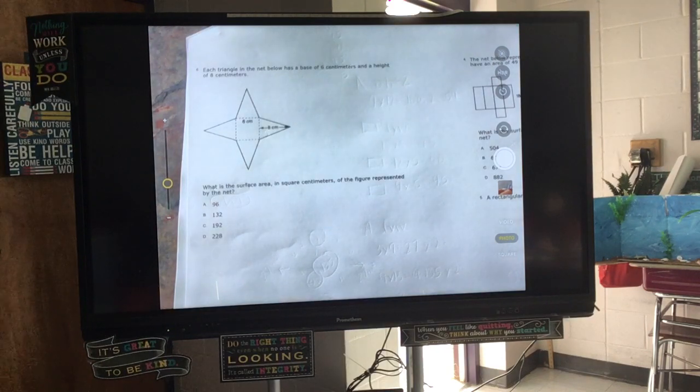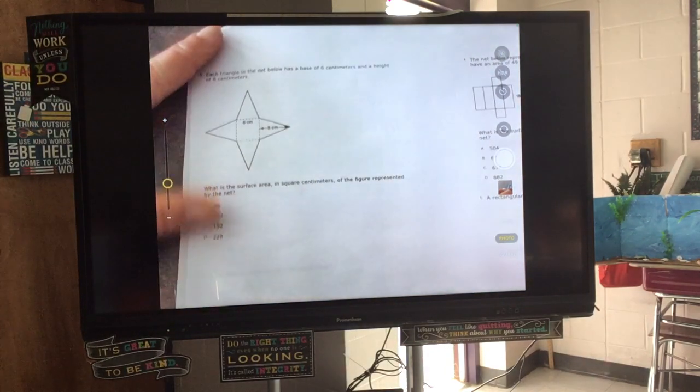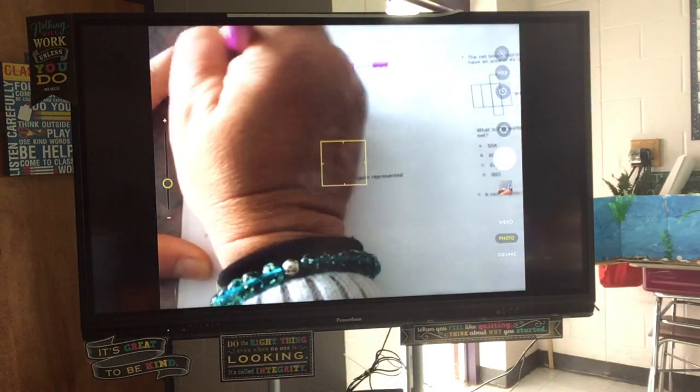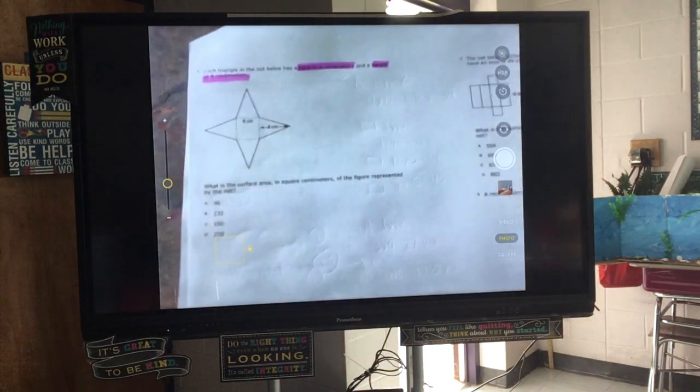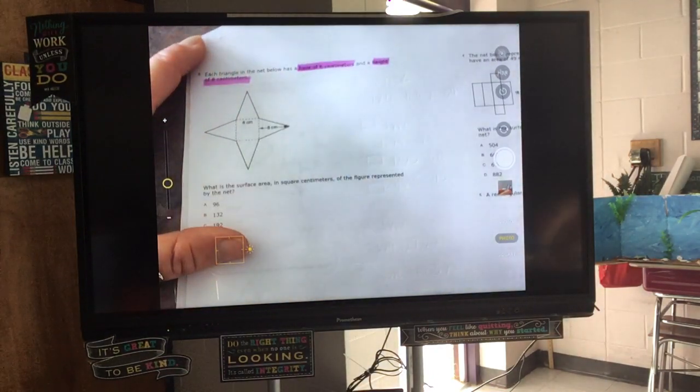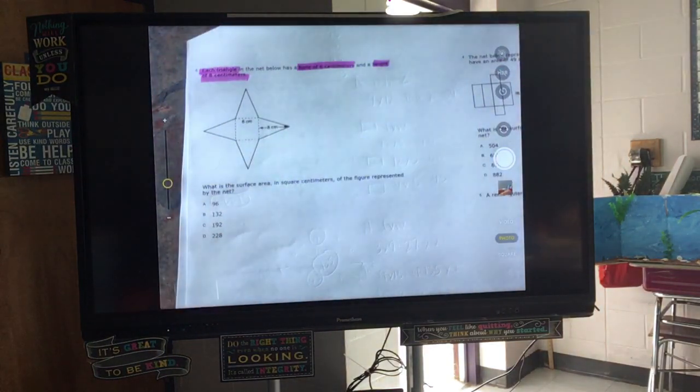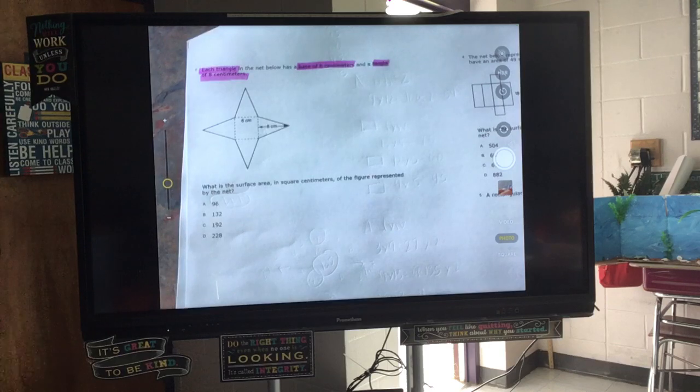So what's important in this question? Juan: This is 6 centimeters and 8 centimeters. Okay, and what kind of shape is the base and the height going with? A triangle. Right. That's really important for us to know, that each one of these triangles has a height of 8 and a base of 6.